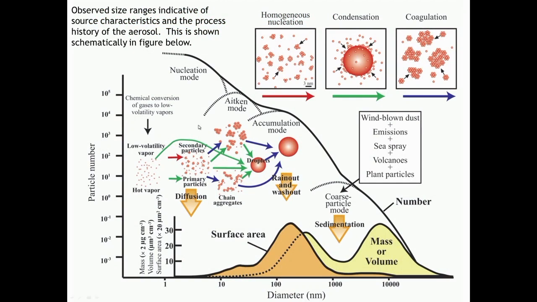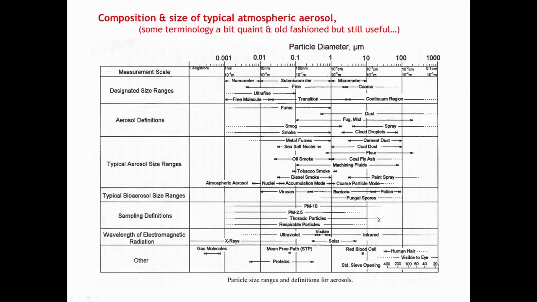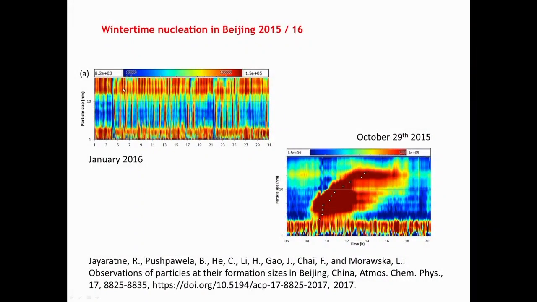The Aitken mode, that's what we saw in the pre-existing particles. So the nucleation mode is these particles here, and the Aitken mode is these particles that are seen there.